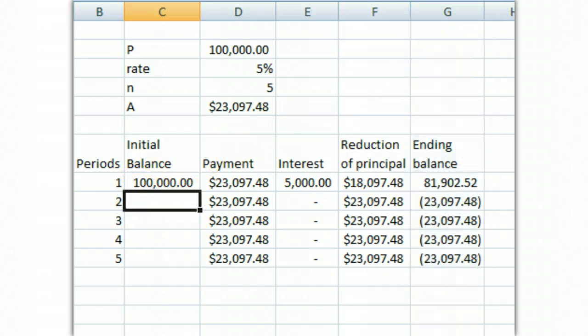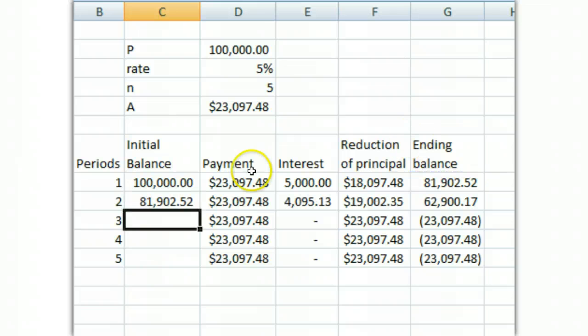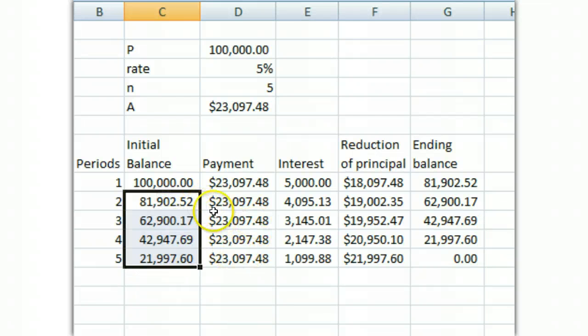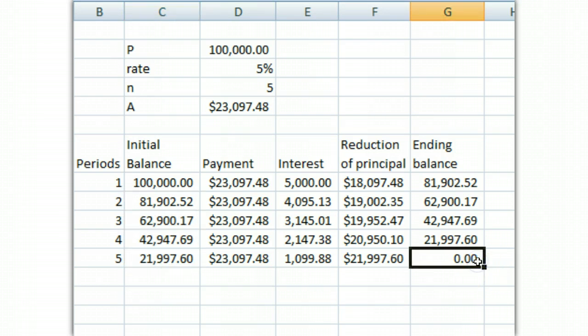Finally, in order to finish this table, we can make reference to the ending balance in the previous year to take it as the initial balance in the following year, and I copy that. You can see that the ending balance at the end of the last period is 0, and that's it. That's very easy to do.